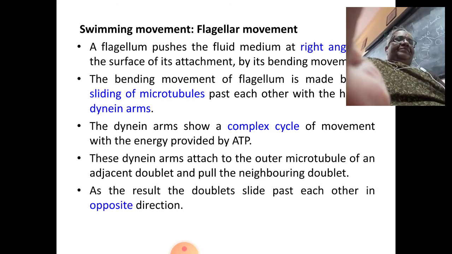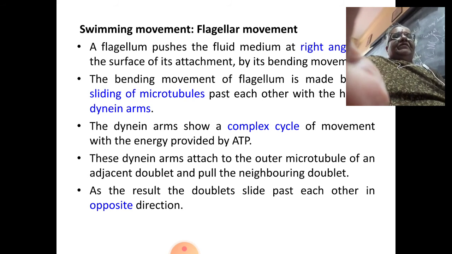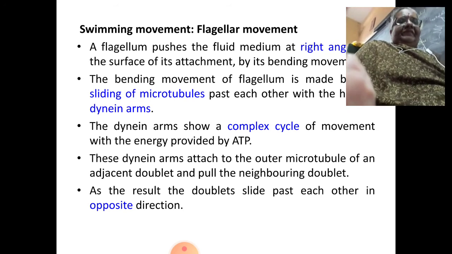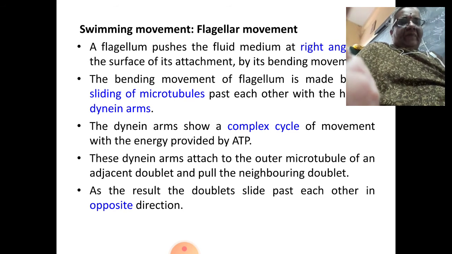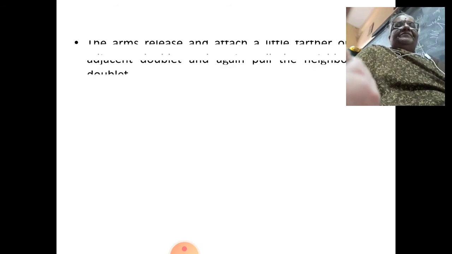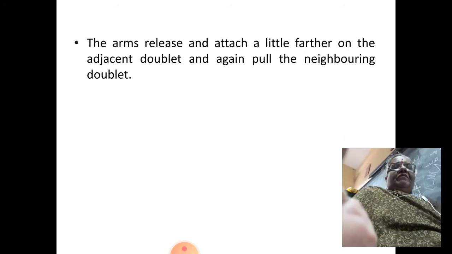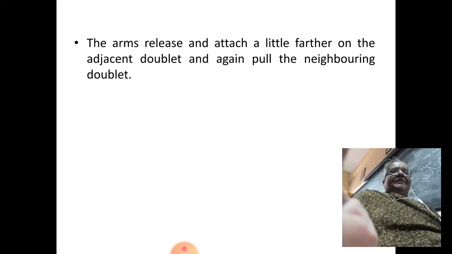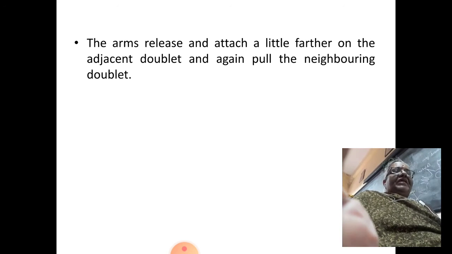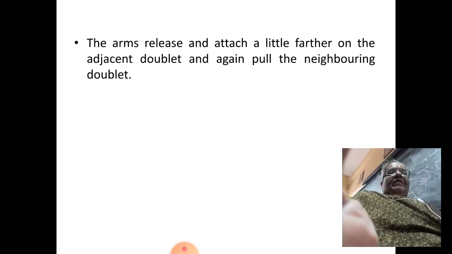As a result, the doublets slide past each other in opposite directions. You have to assume a little, you should have some imagination here. Then these arms release and attach a little farther on the adjacent doublet and again pull the neighboring doublet.